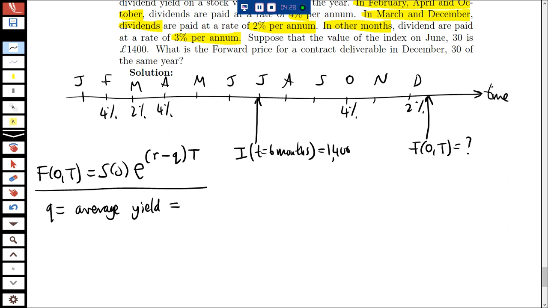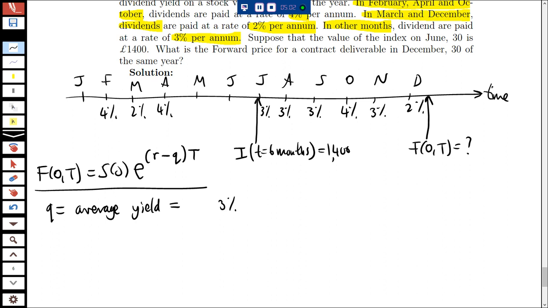Okay, so the forward is from this line here. We have 3, 3, and a 3. All of June is 3%, but we're not going to use that one.